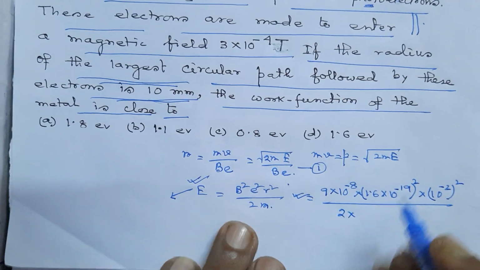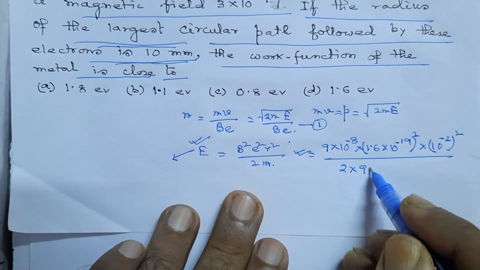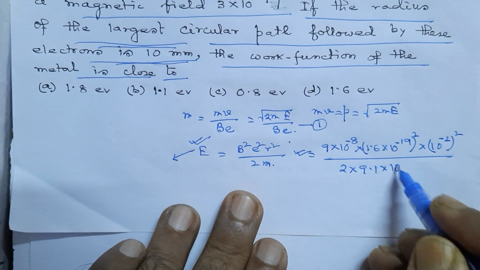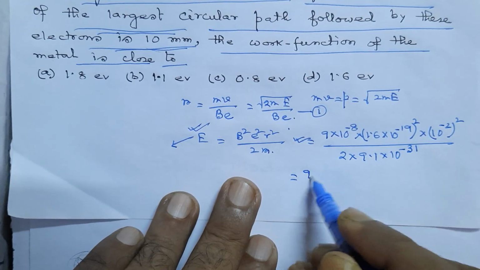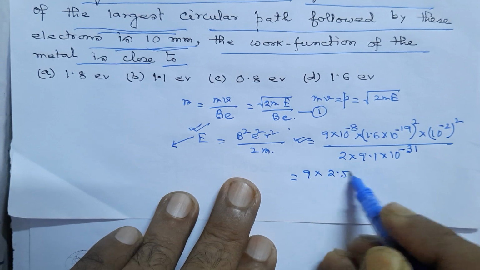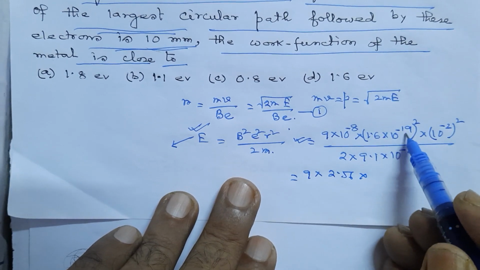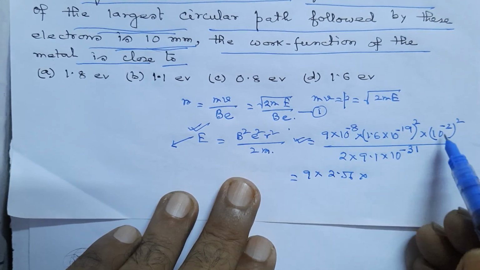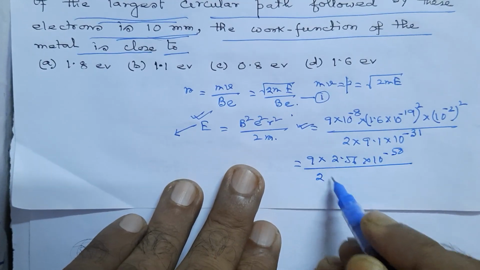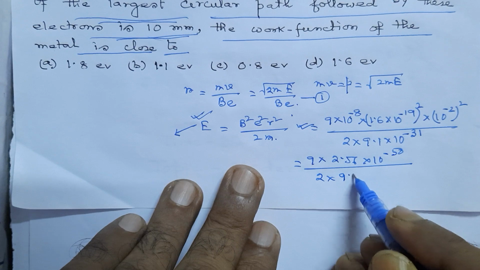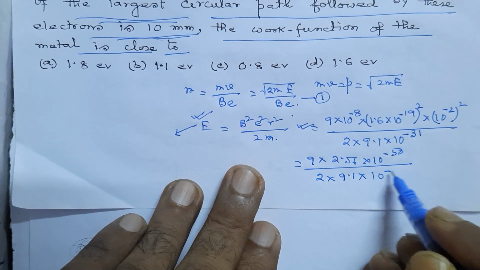Let us take the electron mass as 9.1 into 10 to the power minus 31 kg. Hence, 9 into 2.56 into 10 to the power minus 38 minus 46 minus 4 divided by 2 into 9.1 into 10 to the power minus 31.